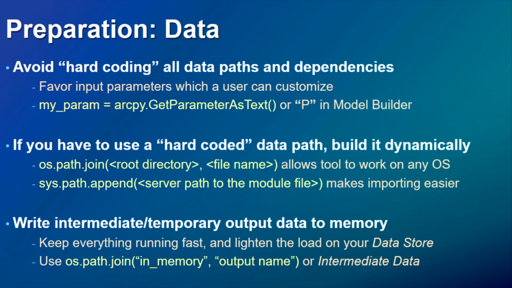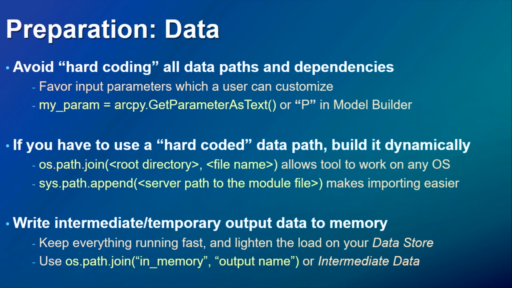In Python, you can use the arcpy.GetParameterAsText function to convert any input to a string, which can then point to data on the server that the user can then utilize in the tool.